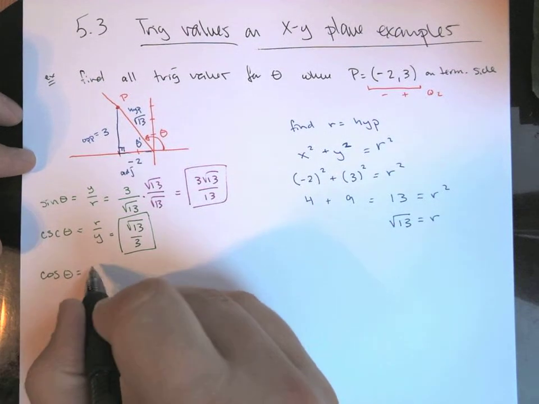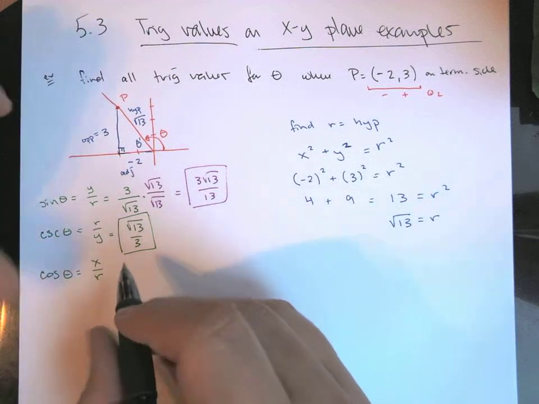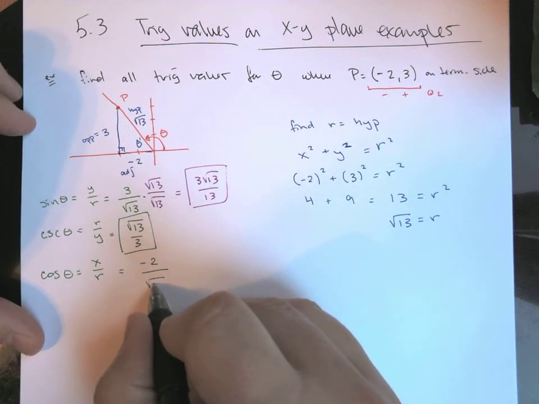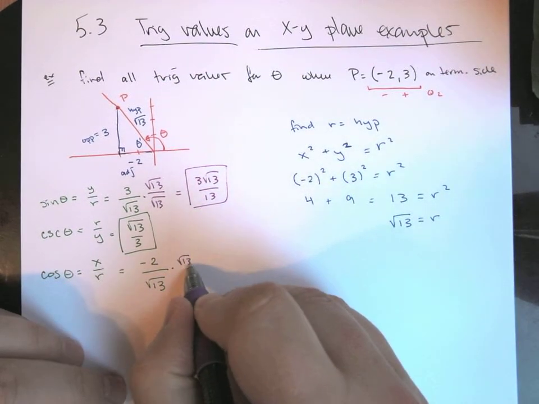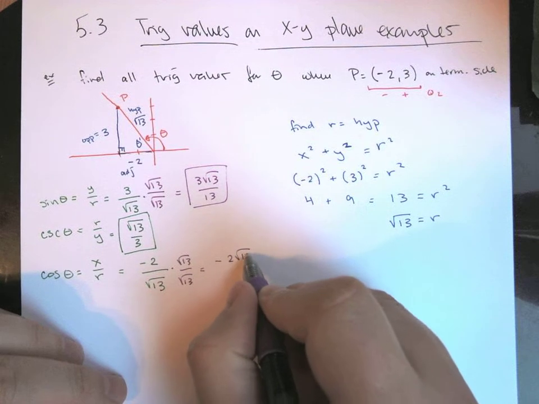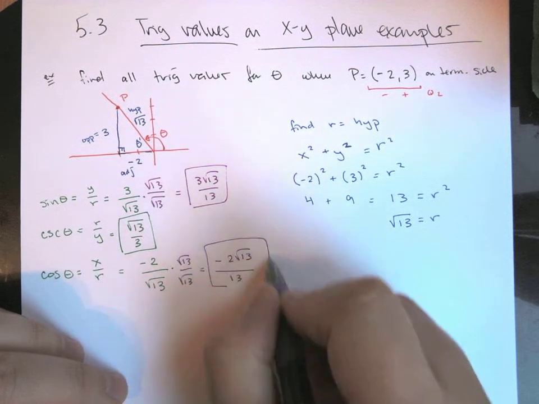Cosine theta is our adjacent over the hypotenuse, so that's going to be the x value over the radius. That one uses our negative: -2 over root 13. Same thing, we have to rationalize. Cosine in this position is going to get us a negative result because the x value is part of it, and our x value in that quadrant is negative.